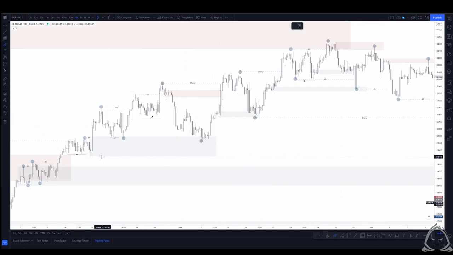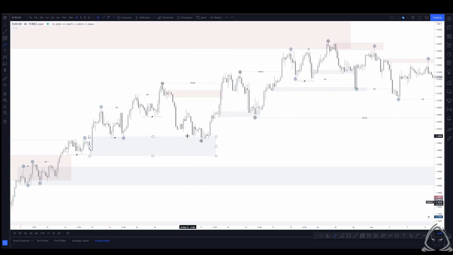If we know that we have a large void right here, we know that we have equal lows, we know that we have a demand zone, we know that there's a high probability that price is going to move back down into that area, rebalance price. And if we're looking to buy, that's probably going to be one of the better spots to look for buy entries to build a trade idea. And it's that understanding that helps us build higher probability trade ideas.